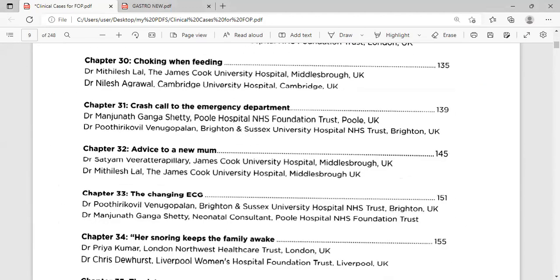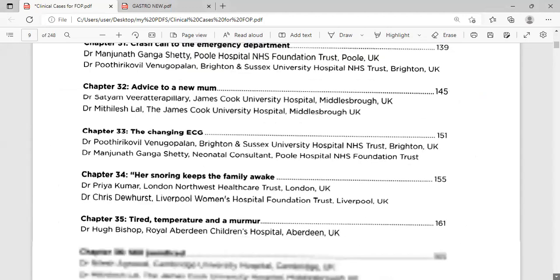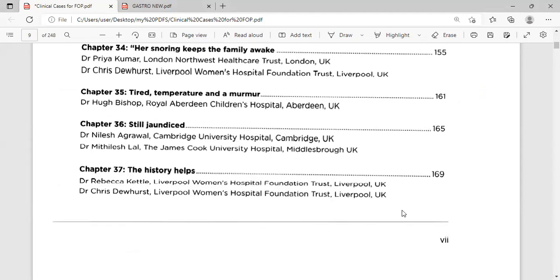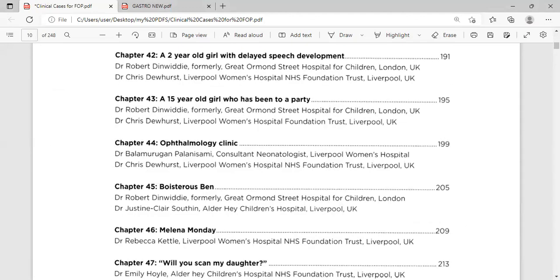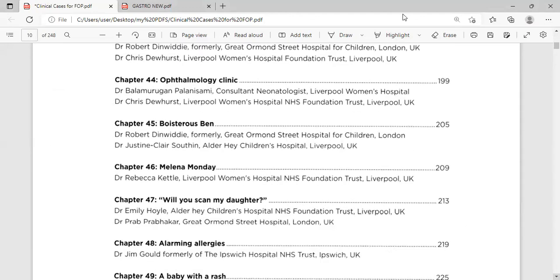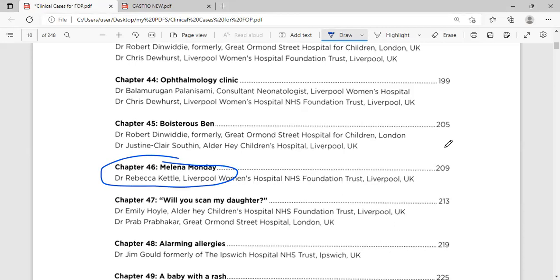Somebody requested me to complete the case, because I just read the first case to show how you usually have to solve the clinical cases. So we'll solve case number 46 first, and then go back to the other cases.